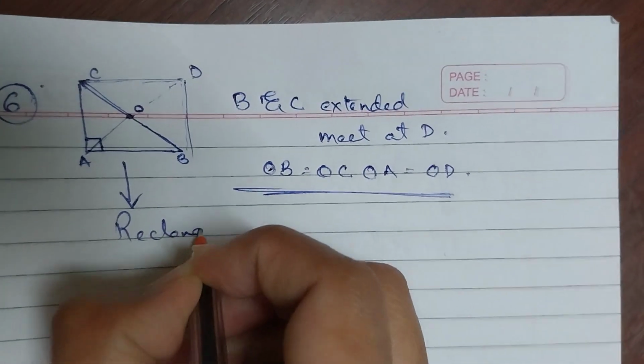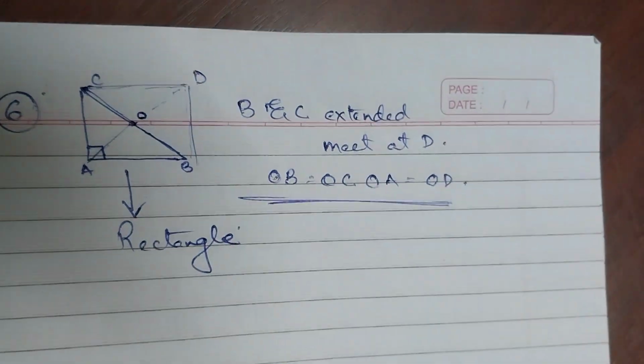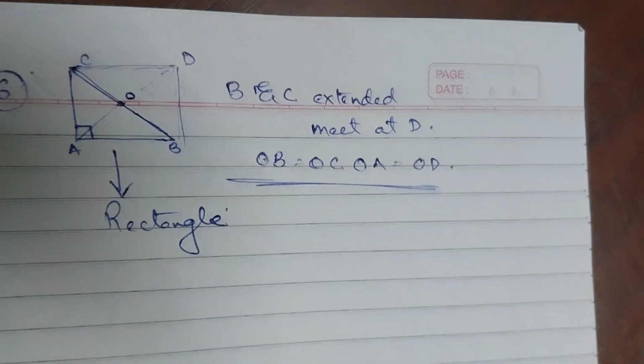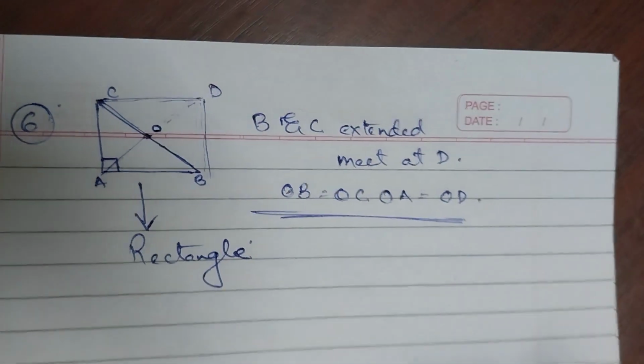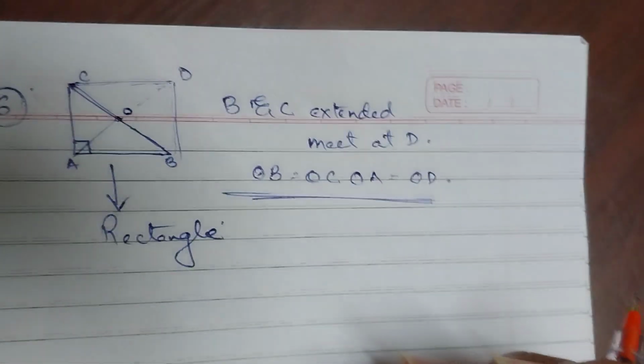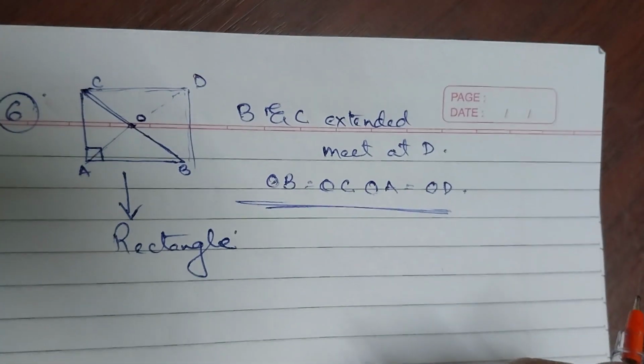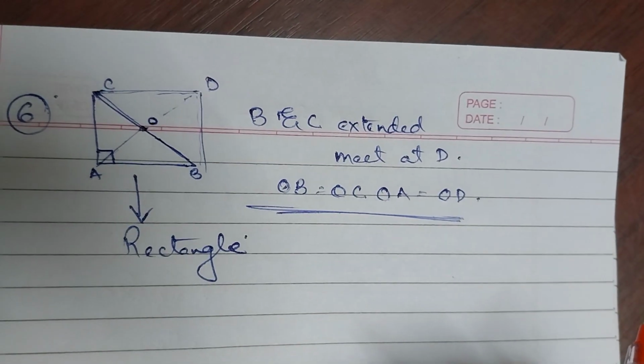Since it forms a rectangle, all of them are going to be equal. This question will not be asked in the examination. There are much better questions to ask, so they will be asking those questions in the examination. That brings me to the end of this chapter.